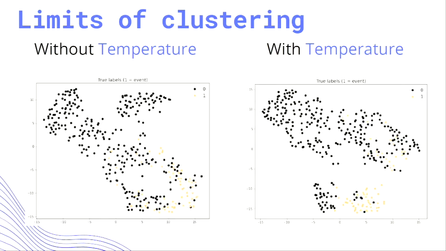Also, if we look at the dataset without the temperature, but looking at the true labels, we can see that the clusterization is completely wrong and difficult. Then, if we look at the graph of the dataset with the temperature, we can see that there's an area with a lot of true labels, but there are still some points which are outside.